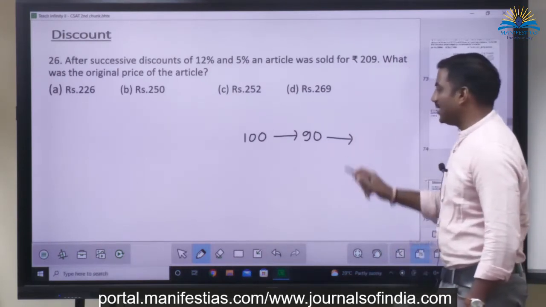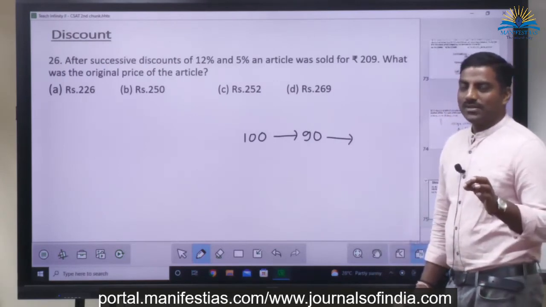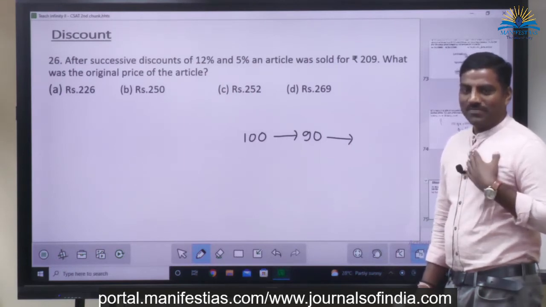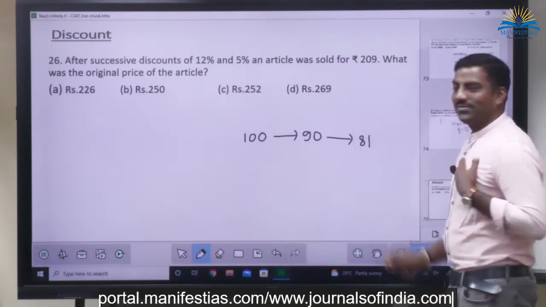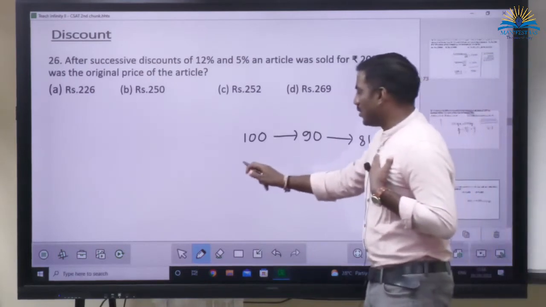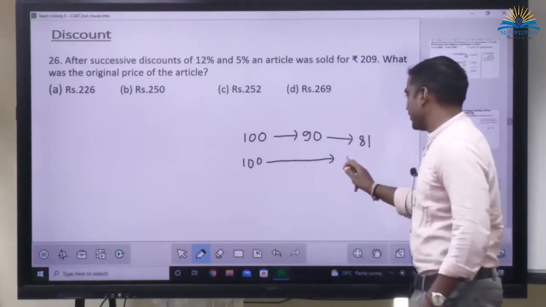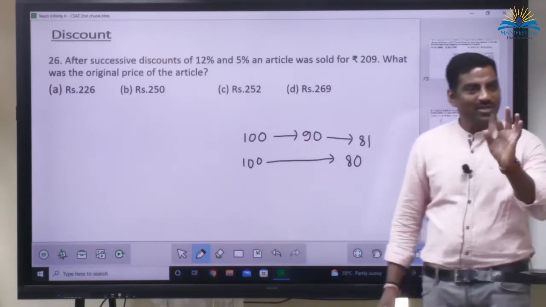After giving 10% discount on 90, what will be the price? 10% of 90 is 9. So it is 81, right? In a big discount of 20% directly, what will be the price? Which one will be beneficial for the customer? Second one. So always go for the big discount.